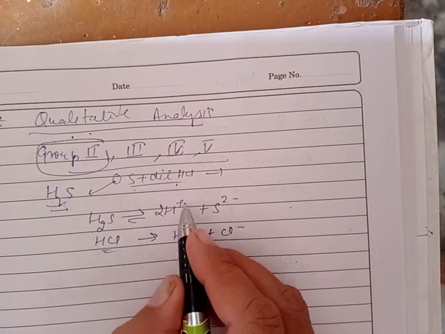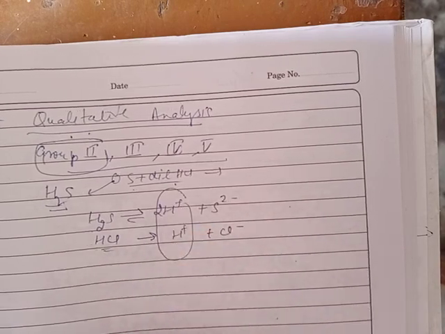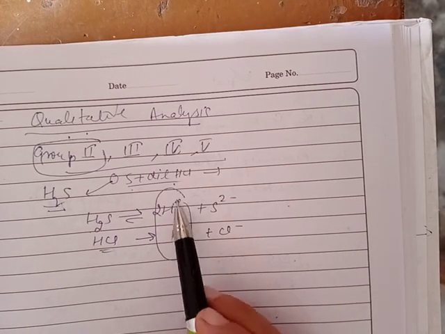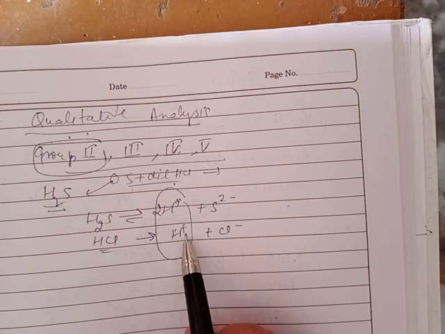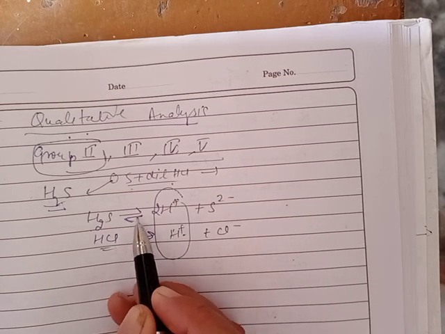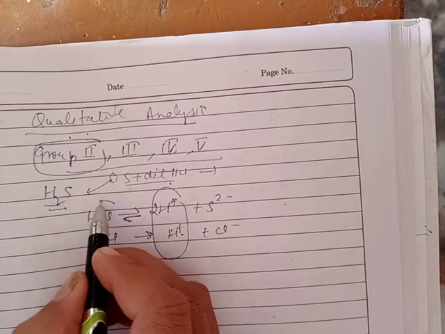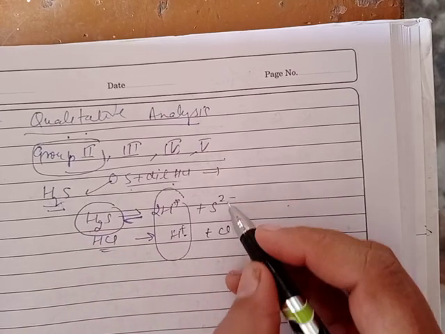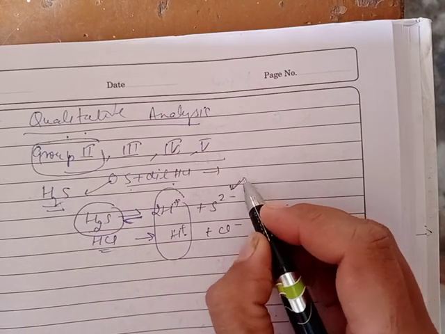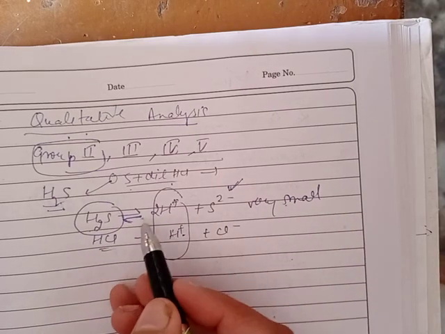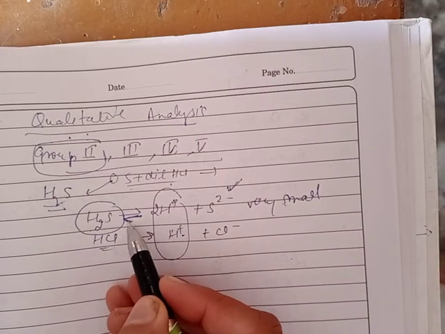Now again the common ion effect takes place. As a result, the concentration of H+ ions increases, or we can say that again it will shift the equilibrium in the backward direction. Therefore, dissociation of this H2S will stop or decrease sufficiently, and the concentration of the sulfide ions in the solution also becomes very small because the equilibrium has moved in the backward direction.